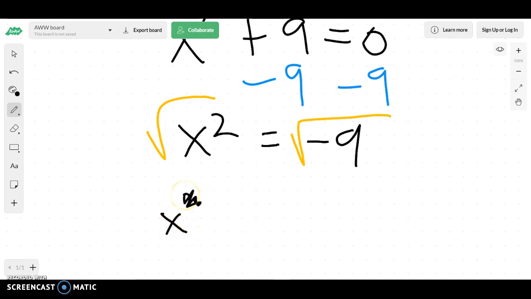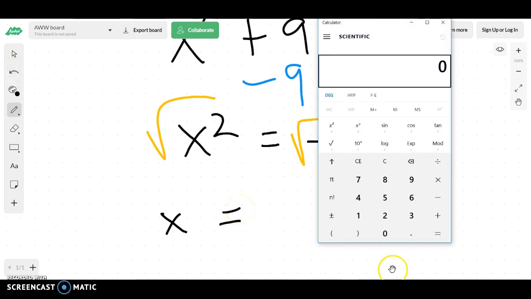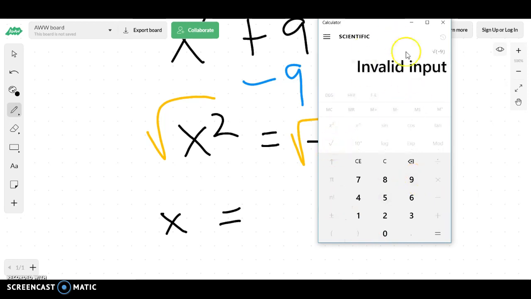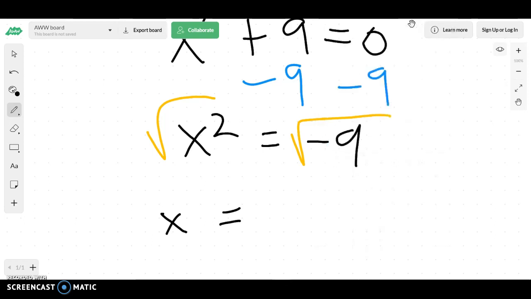Oops, I don't need that term. Our issue is if you tried to do the square root of negative 9 on your calculator, it's going to say an invalid input. That's because there are no two numbers that are the same that can multiply together to give you negative 9.